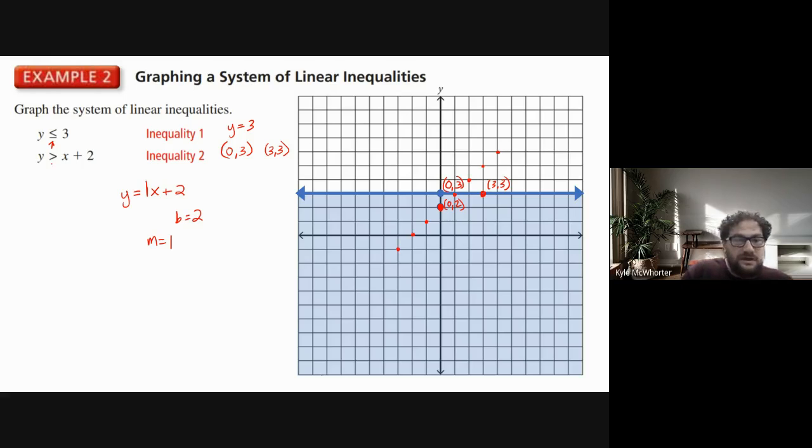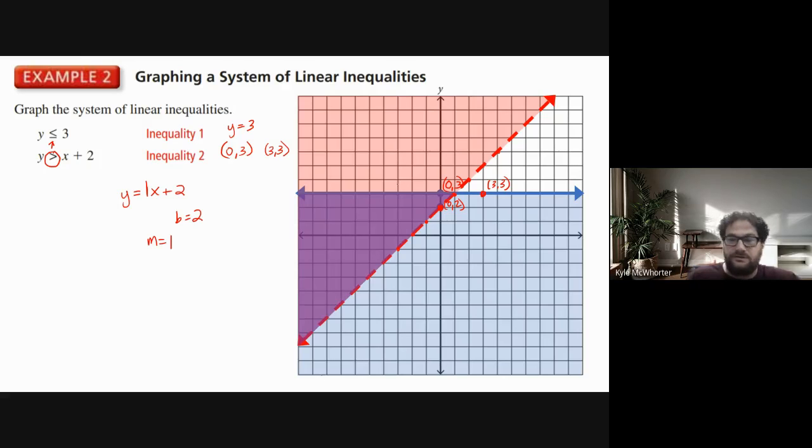Now let's look at our sign. There's no equal to under it, so we need to have our line dashed. And then the greater than part says we're going to shade above our line. Now, to find the solutions to the system, we need to see where these graphs overlap their shading. And that would be this triangle region right here in purple.